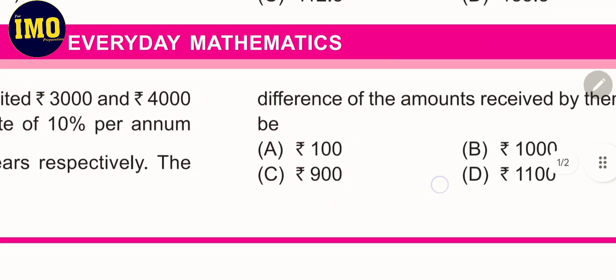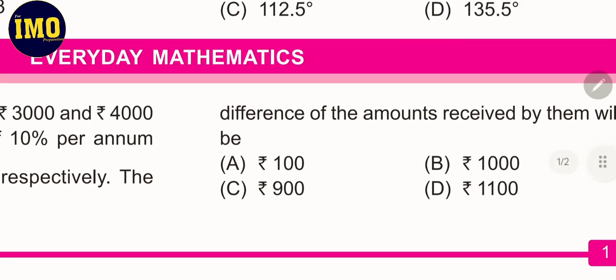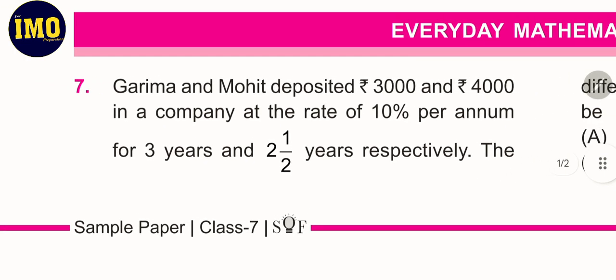The difference of the amount received by them. Okay. So we need to find the SI for 3 years for Garima and SI for 2.5 years for Mohit, and whatever SI we get, we need to find the difference.